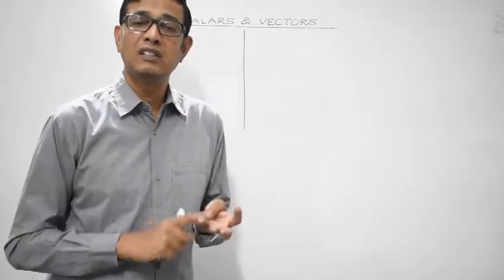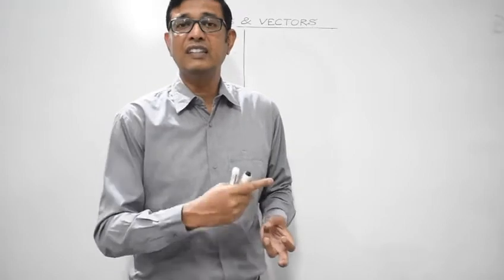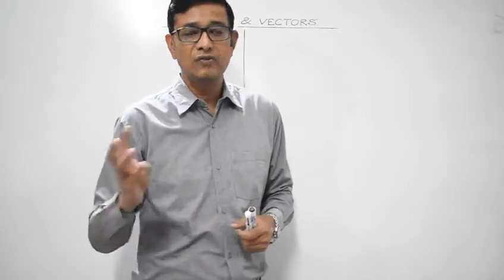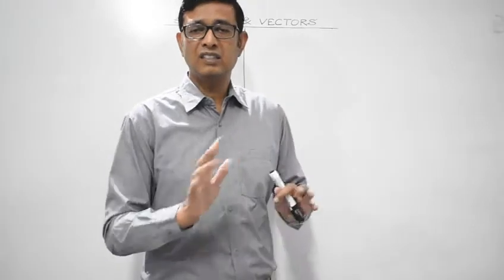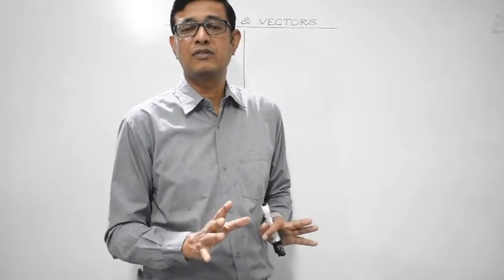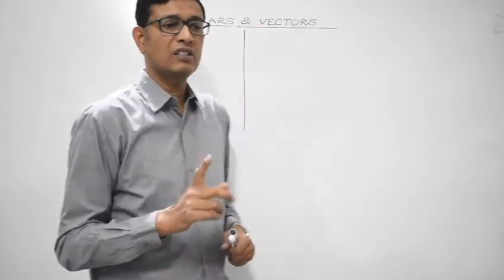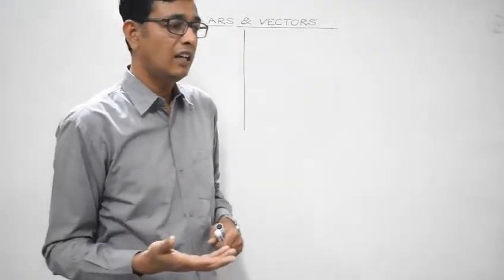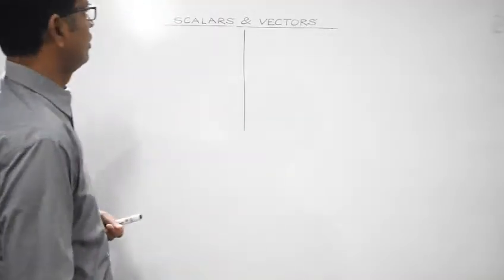There are scalars, vectors, phasors, tensors. But in this session, I will restrict myself to only scalars and vectors. So we will discuss scalar physical quantities and vector physical quantities, right?